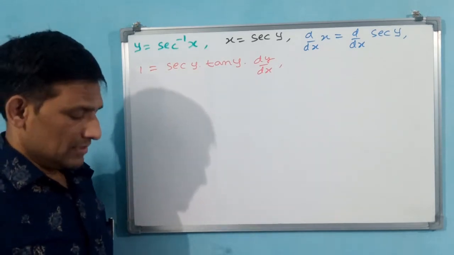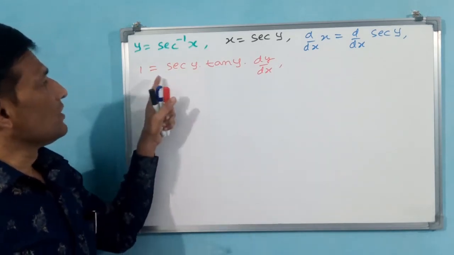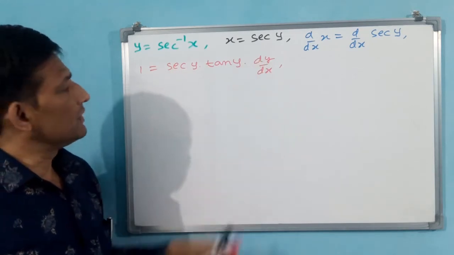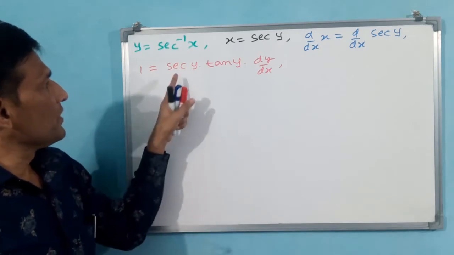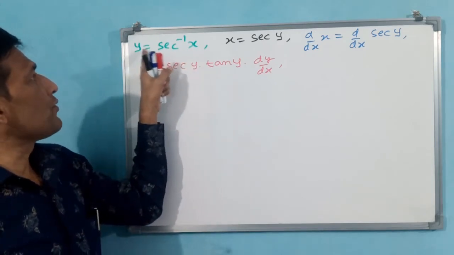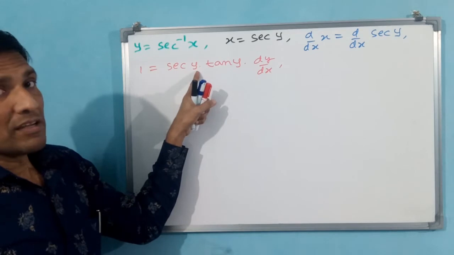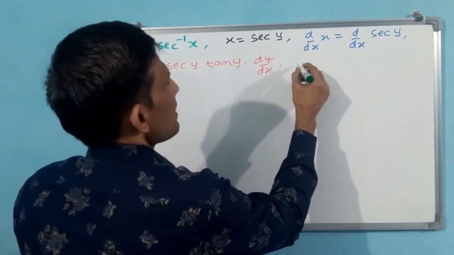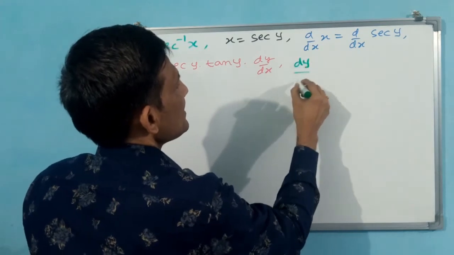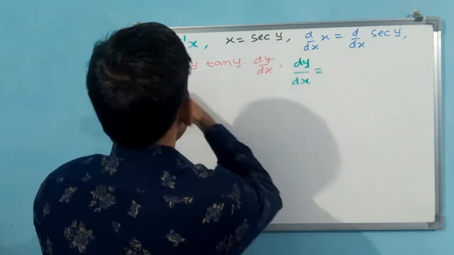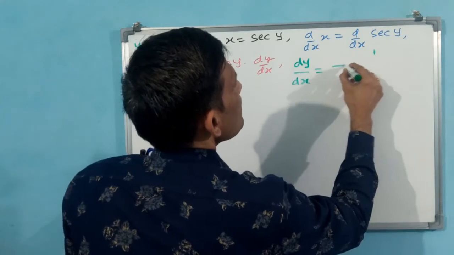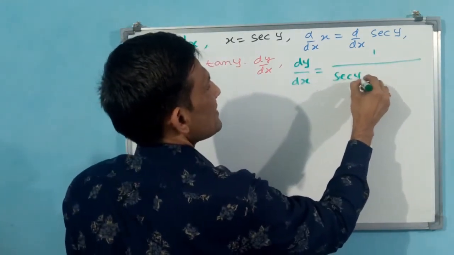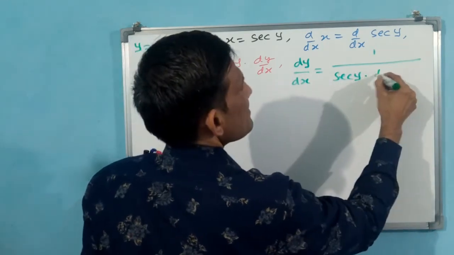Definitely okay. Secant y means y you can substitute easily. Let us write dy by dx first. dy by dx is equal to 1 by secant y into tan y.